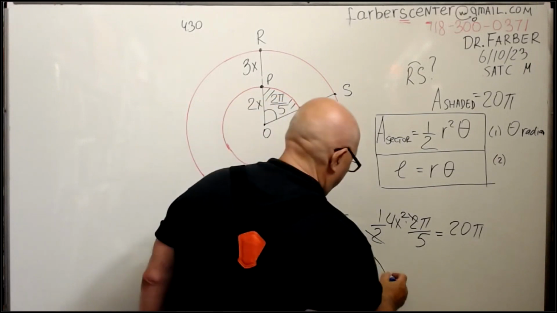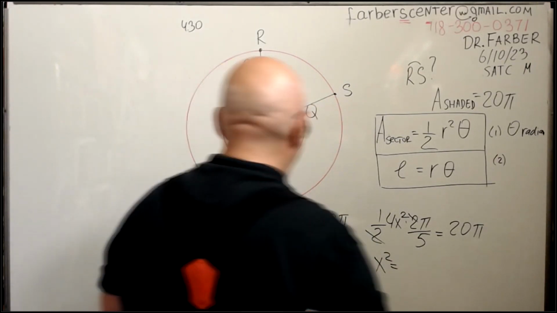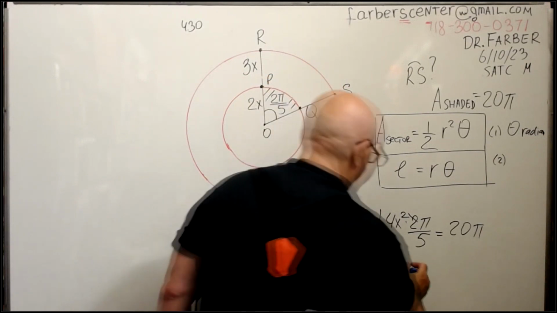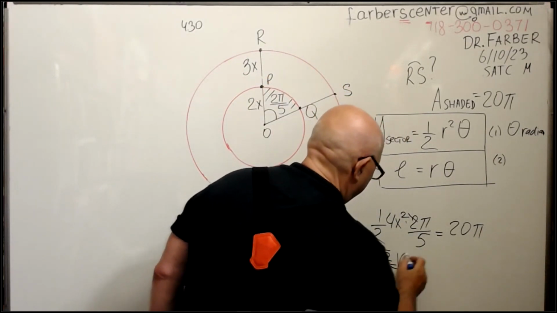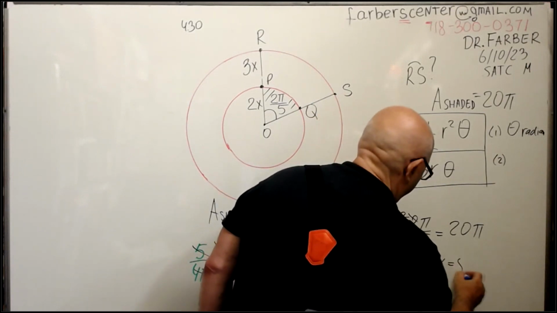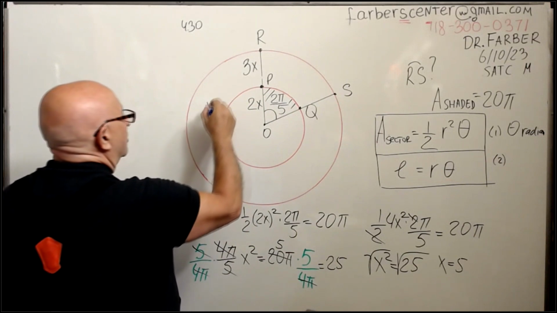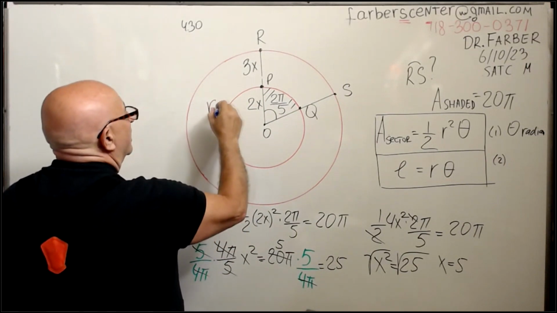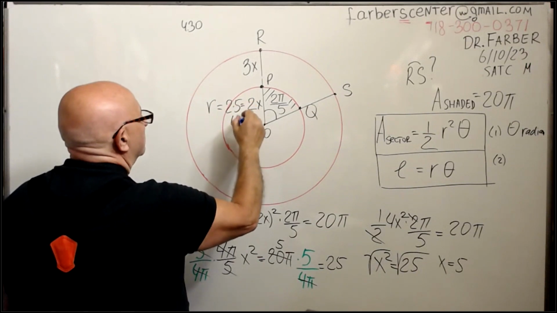So x to the second equals 25. Since x is positive, you take the square root of both sides. You get x equals 5. If x equals 5, this small radius equals 2 times 5, which is 10.